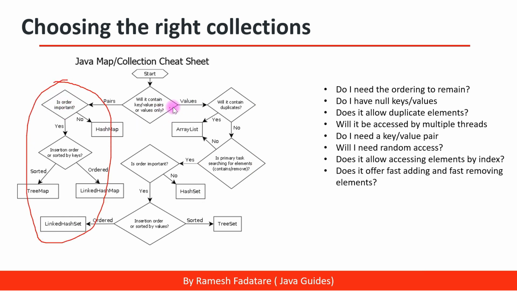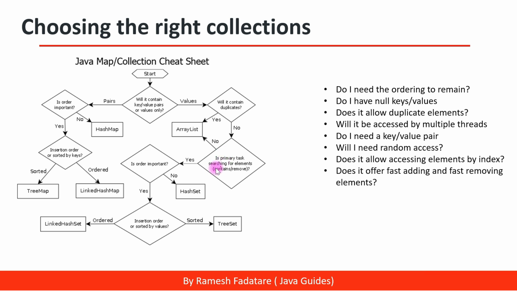Let's say your collection wants to store only values, then the question is, will it contain duplicates? If your collection wants to have duplicate elements, then go for ArrayList. If your collection doesn't want duplicate elements, then go for HashSet.